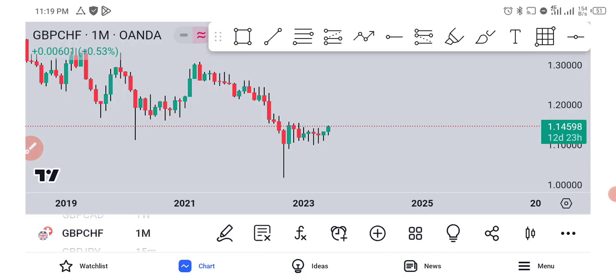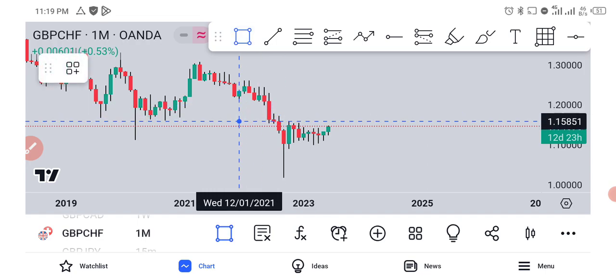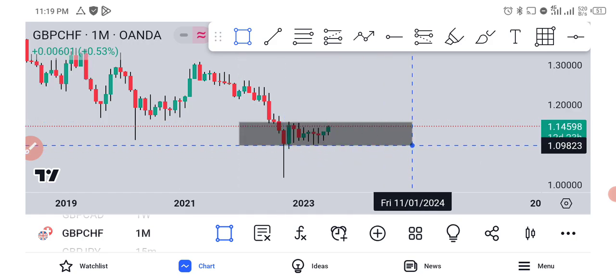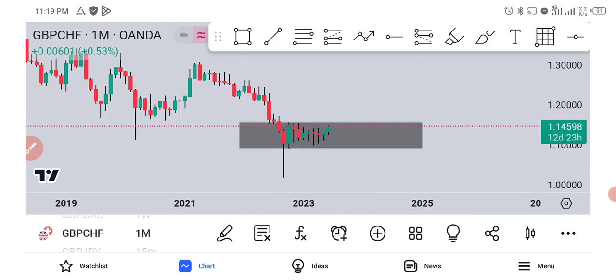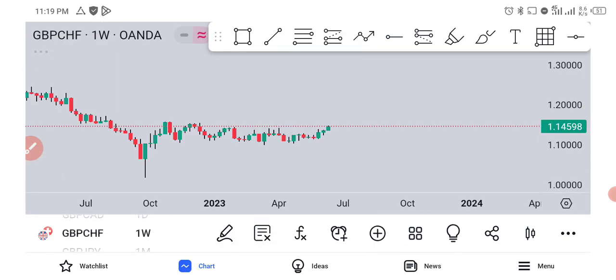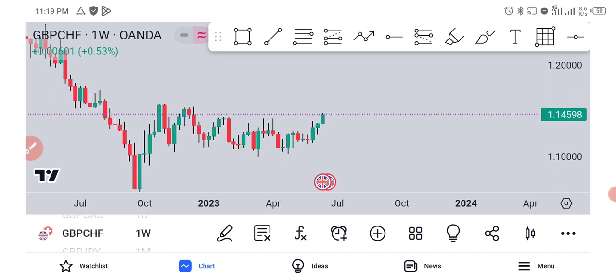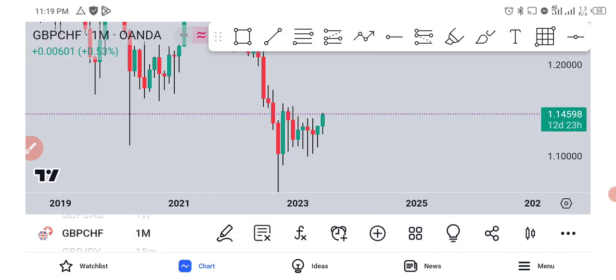GBP CHF, we are currently stuck on the monthly time frame. So trading this pair from a swing trading perspective is kind of difficult. Checking on the weekly time frame, we have overextended to the upside, so we need a correction to the downside. This pair is currently invalid because the market is ranging.